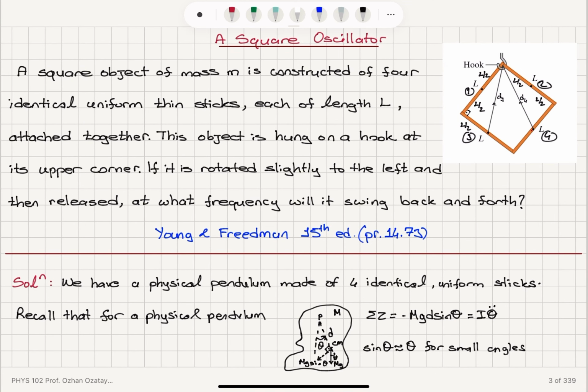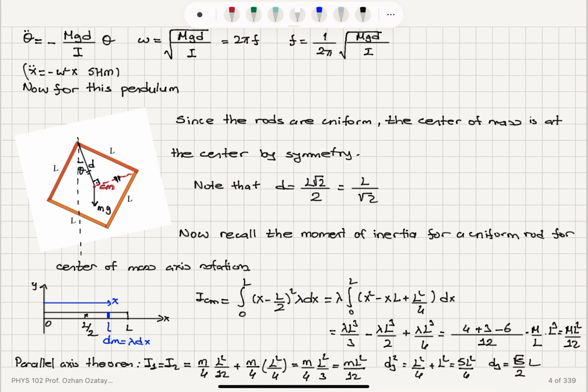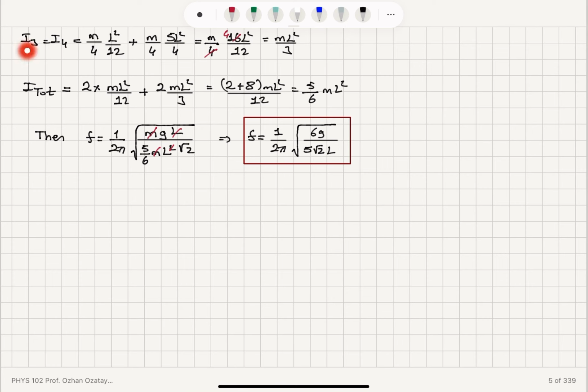And as for the distance between the center of mass of segment 3 and 4 and the new rotation axis, d3 and d4, they should be equal, and they're given by the hypotenuse of this right triangle. So that distance is square root 5 L over 2. So that gives us a moment of inertia using the parallel axis theorem again of mL squared over 3 for each stick. So for two sticks we have 2 mL squared over 3. For segments 1 and 2 we have 2 mL squared over 12. So the total is 5 over 6 mL squared.